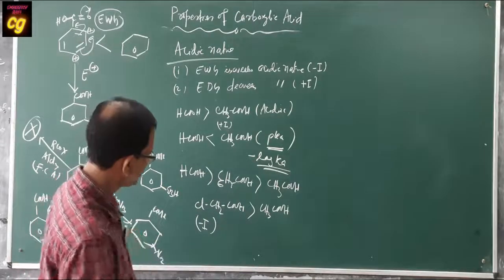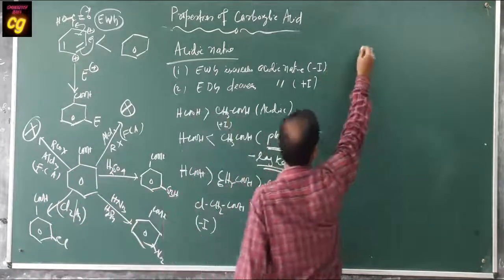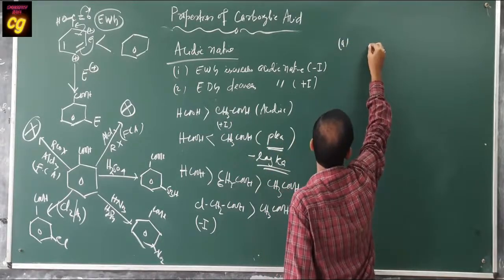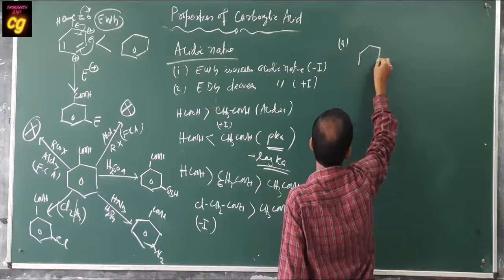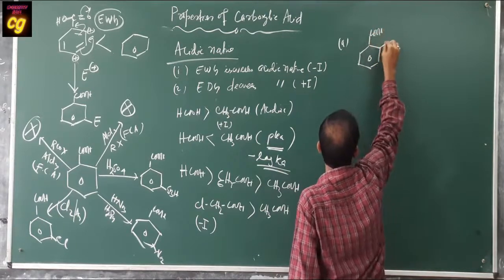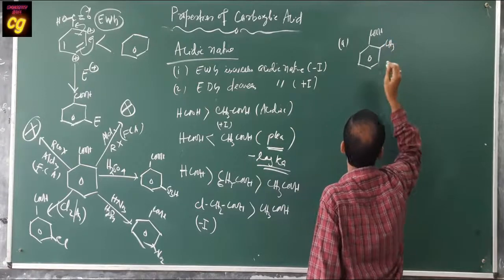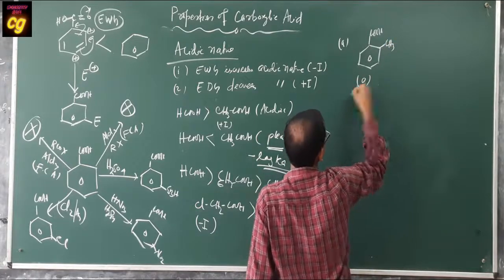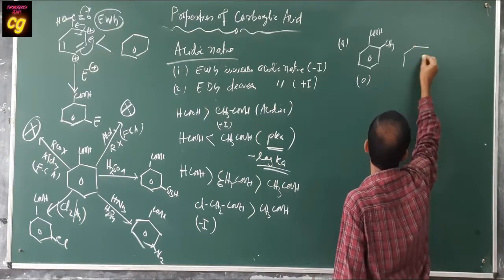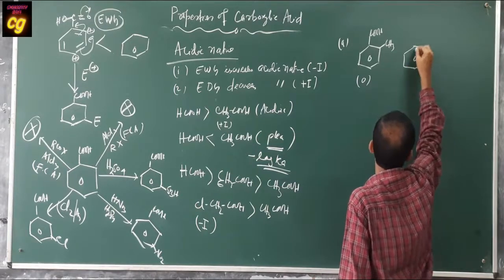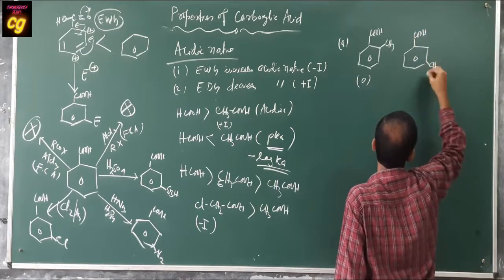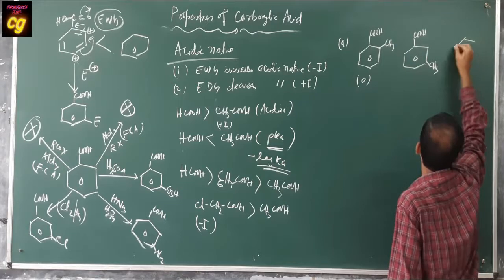But if you see benzoic acid, what happens? Benzoic acid has different substituted types. Suppose you substitute benzoic acid with a methyl group, you get toluic acid: orthotoluic acid, metatoluic acid, then paratoluic acid.